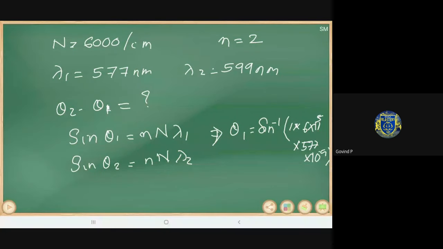That you have to find. That is theta 1. Then you have to find theta 2. Both you will be getting in radians, so you have to convert into degrees, and then you find the value.